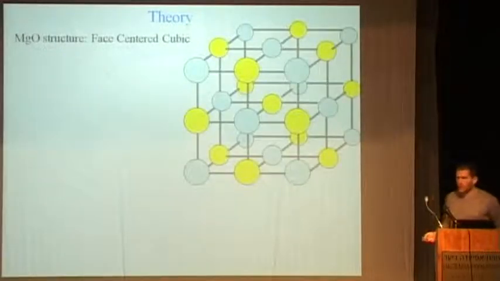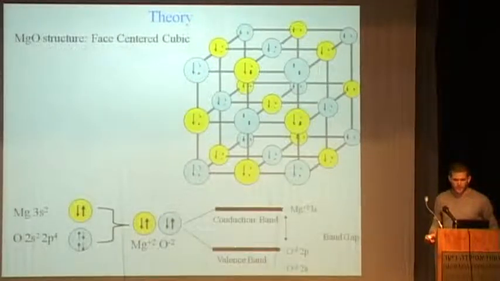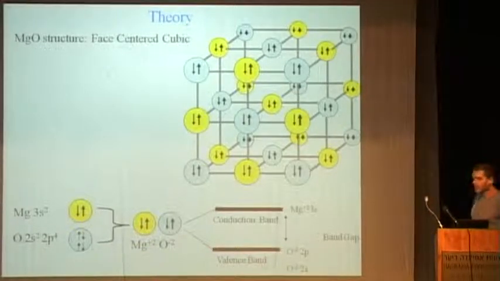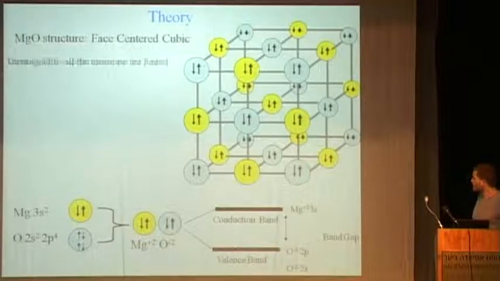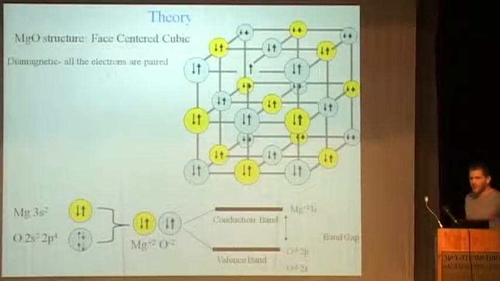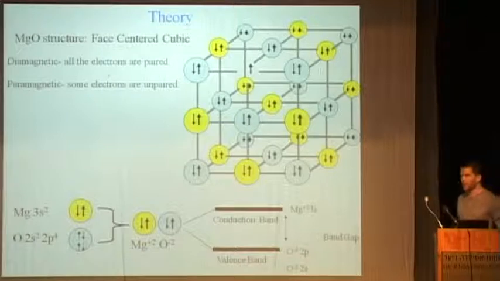Now, if we look again at the same model, but this time take into account the spin of the electrons, we see that in magnesium oxide all the spins are paired. This is why it's a diamagnetic material. Again, if we have a vacancy, the electron can be trapped inside this vacancy. Now we have an unpaired electron, and we can have a paramagnetic material.